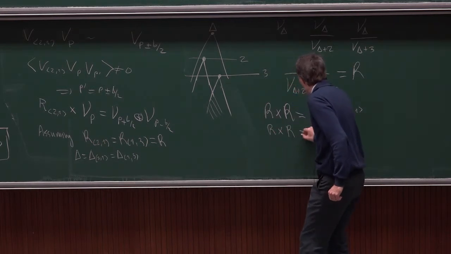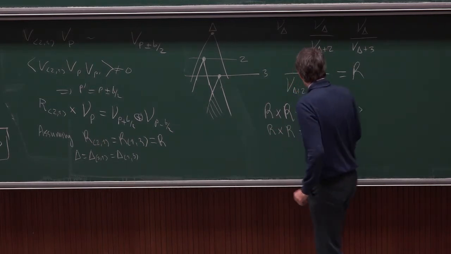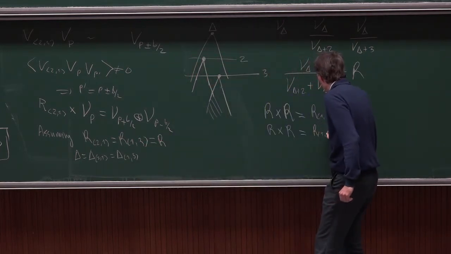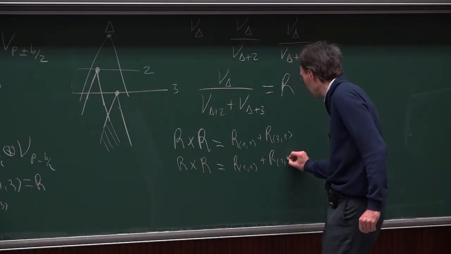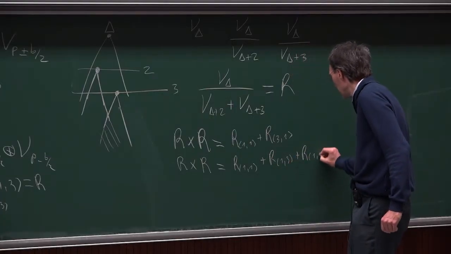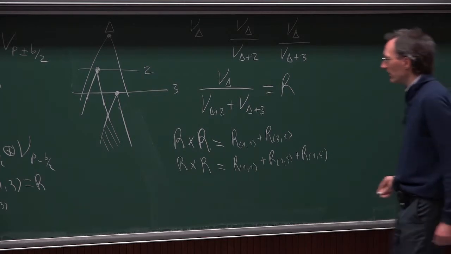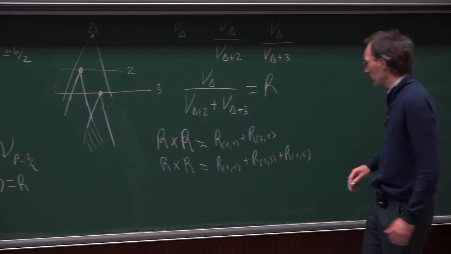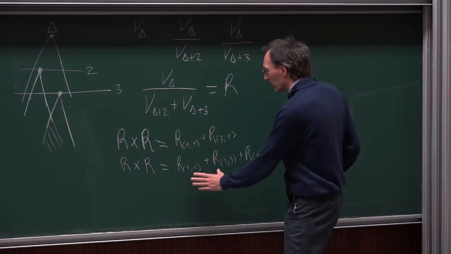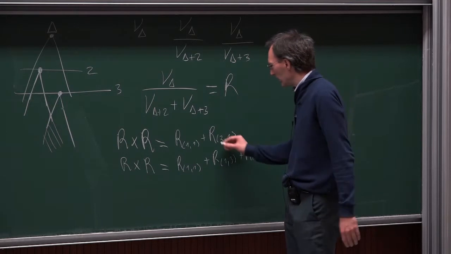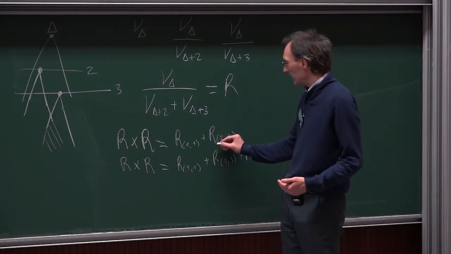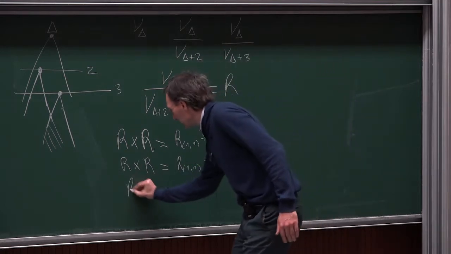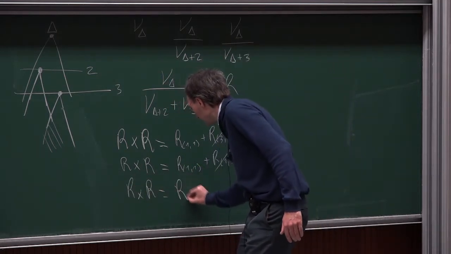The constraints from this second null vector give me R11 plus R13 plus R15. But R times R should obey both constraints, which means that everything that does not appear in both lines is eliminated, forbidden by symmetry and the presence of null vectors. Which means that R times R is actually nothing more than R11.